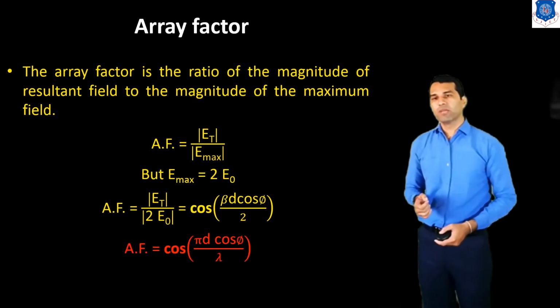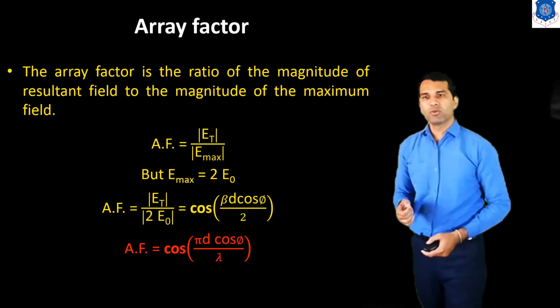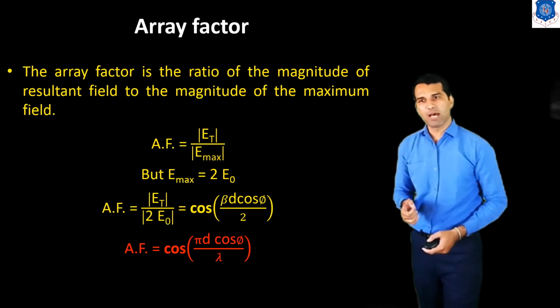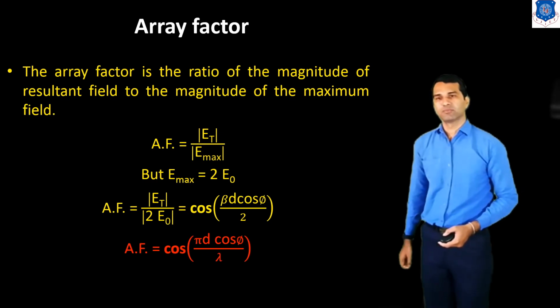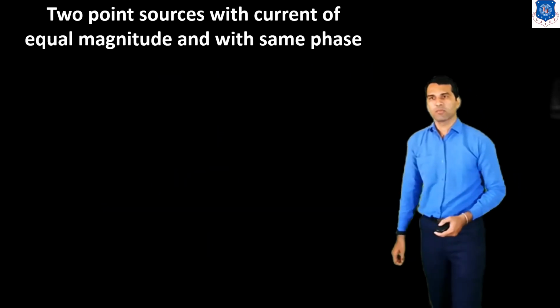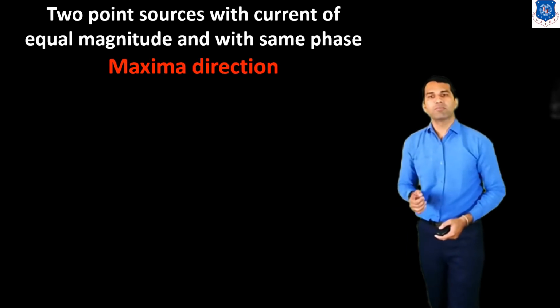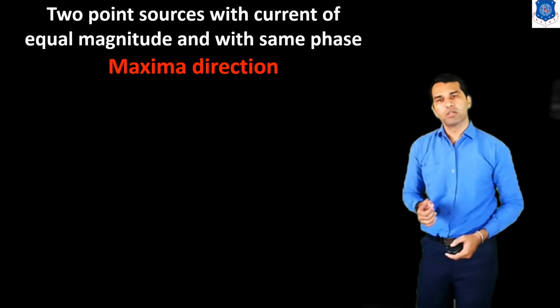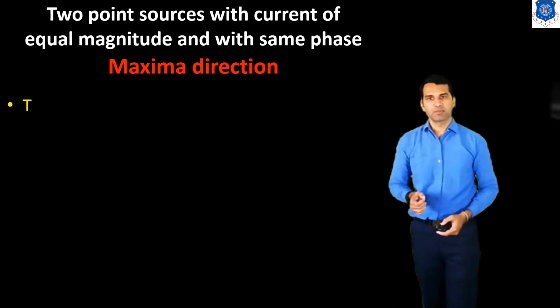So the array factor becomes cos(pi d cos phi by lambda) when we put beta equals 2 pi by lambda. Now we find the maximum direction for the 2 point sources with currents of equal magnitude and the same phase.